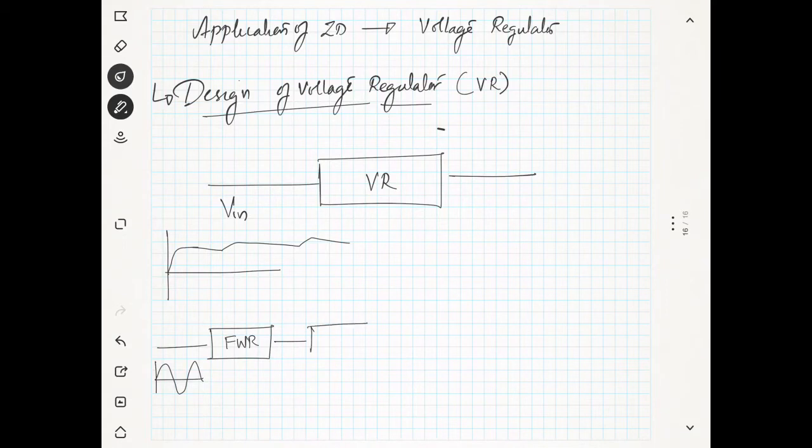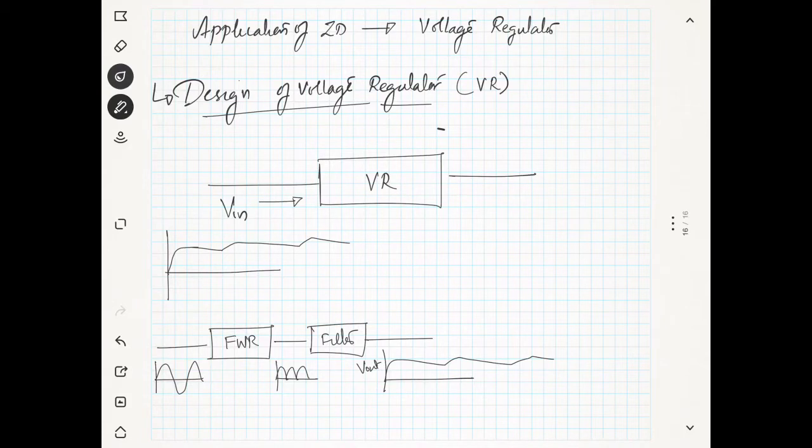After that you have a capacitive filter or some other filter. You will get the output like this, and after the filtering operation you have a signal like this. This is the output voltage, and this signal you will give as the input to the voltage regulator.